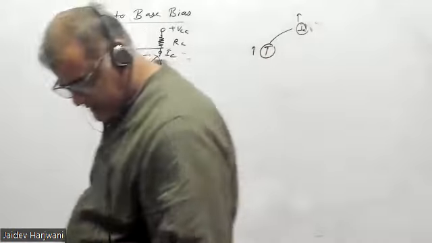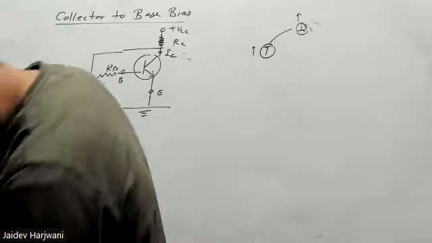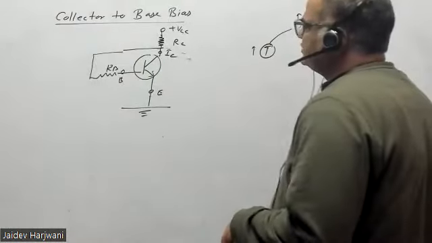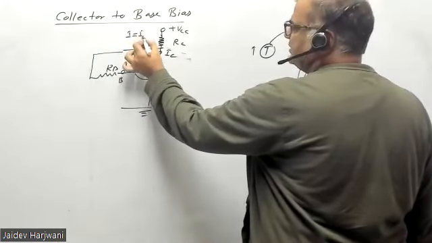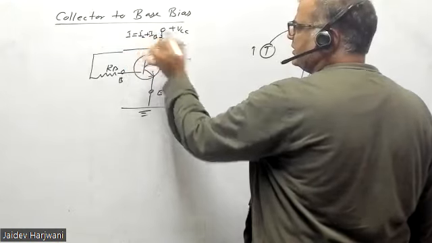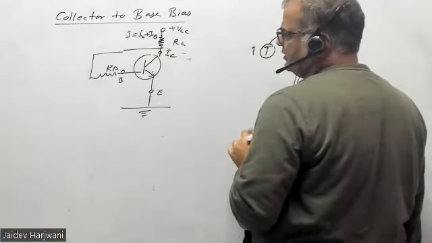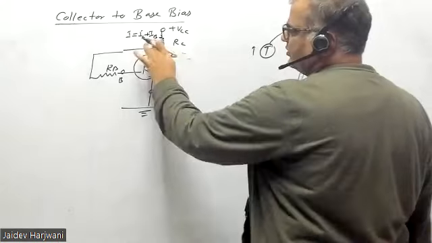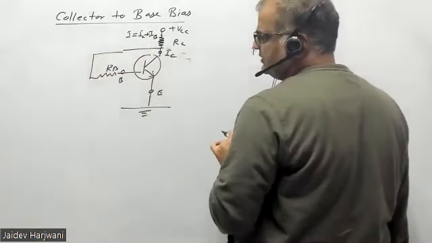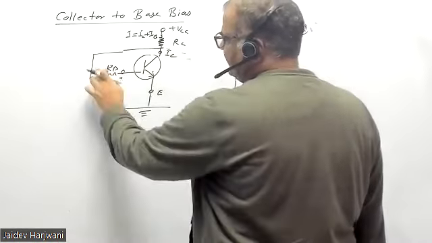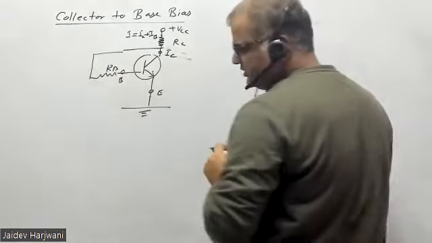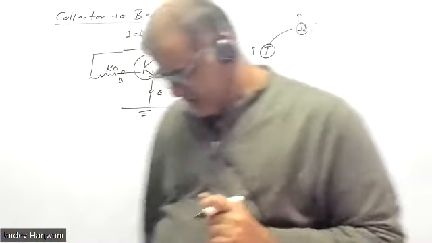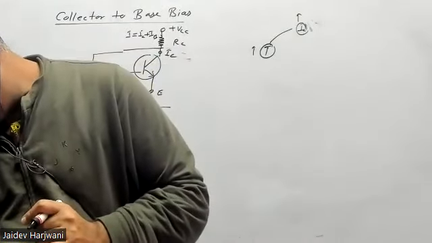Here the total current is coming, IC plus IB. Now if only IC is increasing, automatically this IB is decreasing. So if IB decreases, this drop will also decrease.